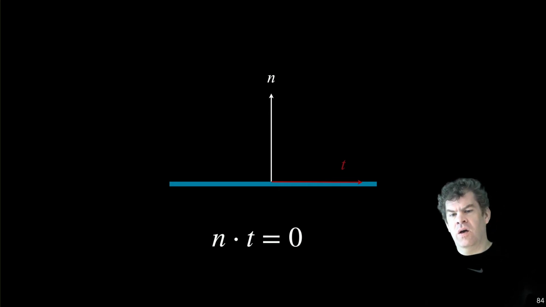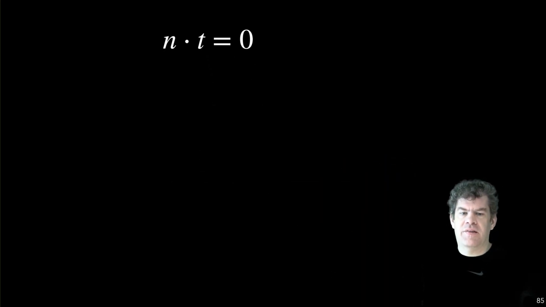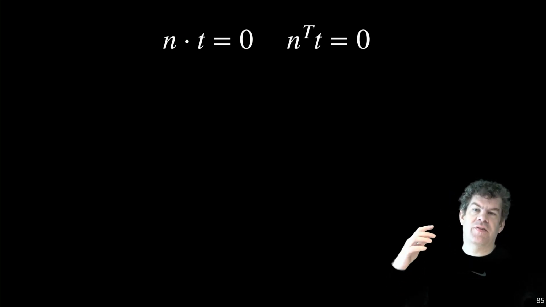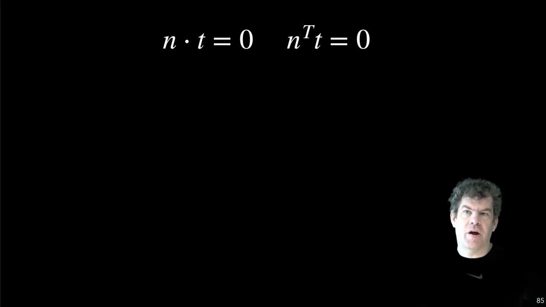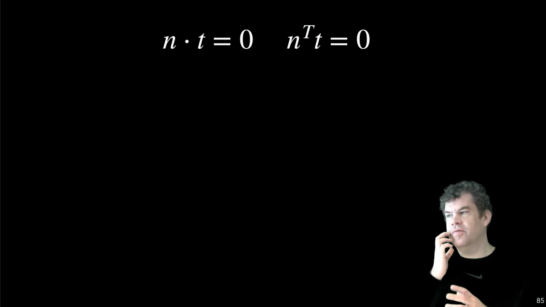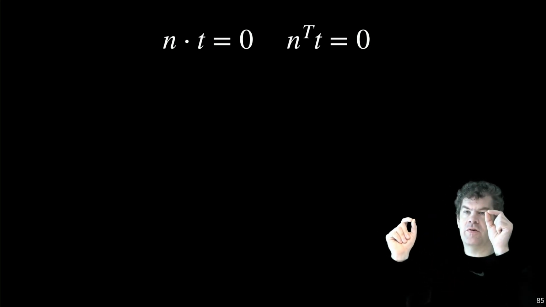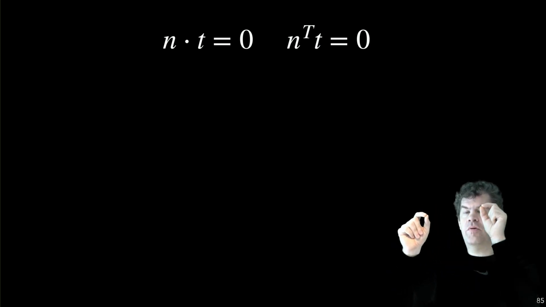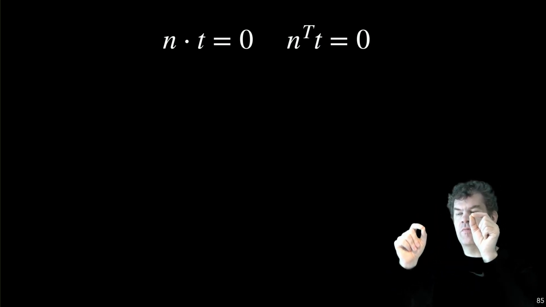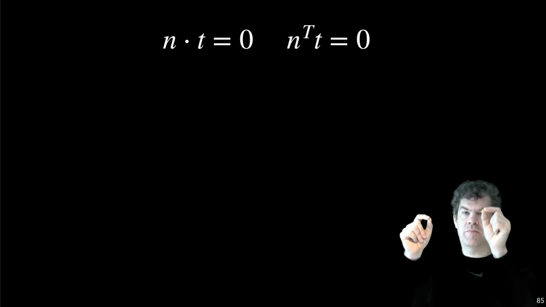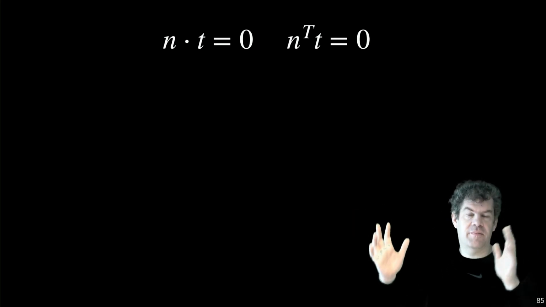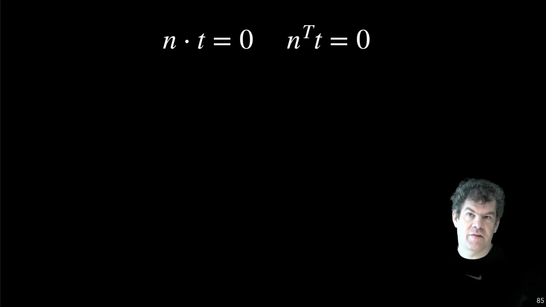Okay, so let's just write this down. Since it's more convenient, I want to rewrite this as a matrix product, and that's easy to see. What's the dot product? It's the first component of the first vector times the first component of the second vector, plus the second component of the first times the second component of the second, plus the third component of the first times the third component of the second, and then we get a scalar since we add them all together.